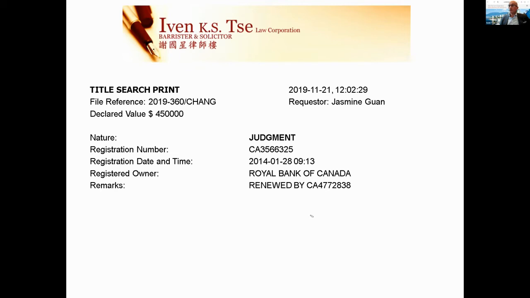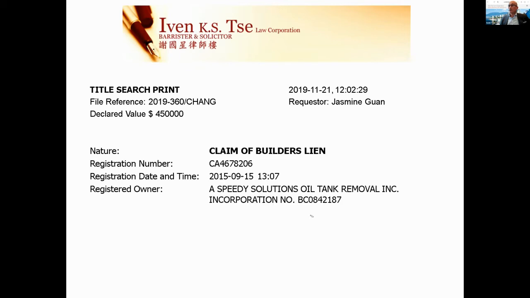Okay, the next one I want to show you is a claim of builder's lien. Here you see an oil tank removal company that had placed a lien on the property. This was done in 2015, and just to tell you the significance of liens registered on title, we're in 2020 now, and we're still litigating this case 5 years later.